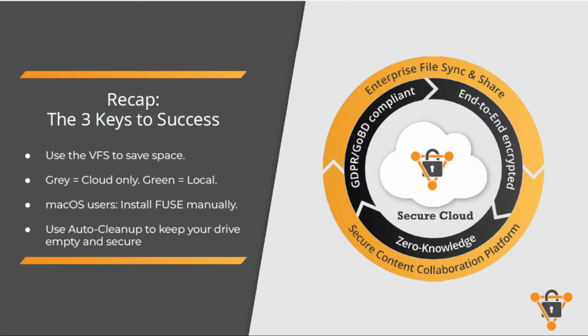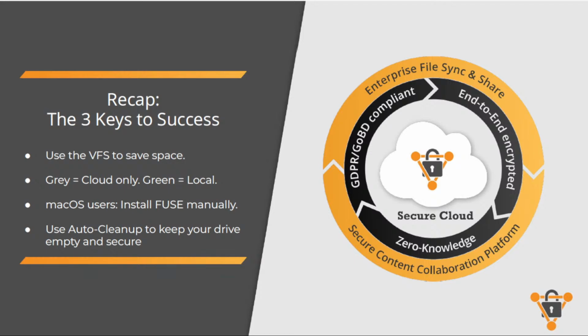Okay, so let's just do a brief recap of today. Using the virtual file system allows you to save space in terms of icon overlays and how to identify whether the file is locally available or whether the file is only available in the cloud. Gray equals cloud only, which means it's not offline available. It's not available in the local file system.